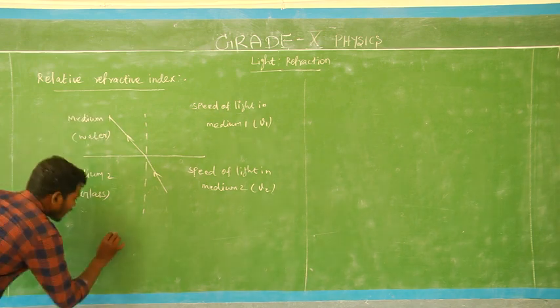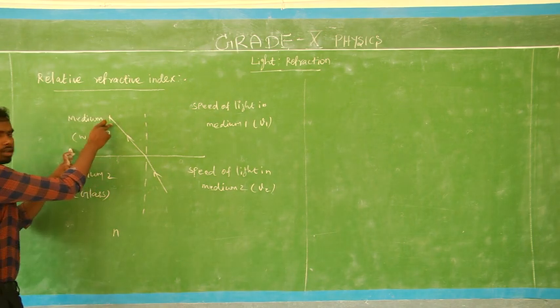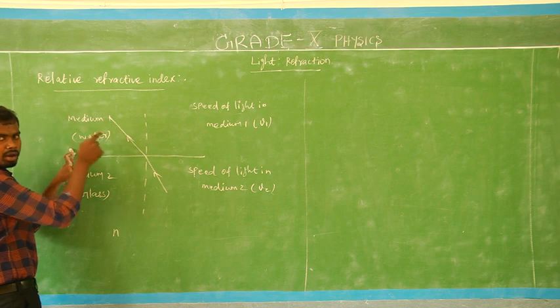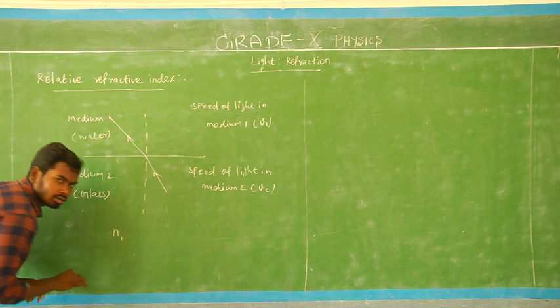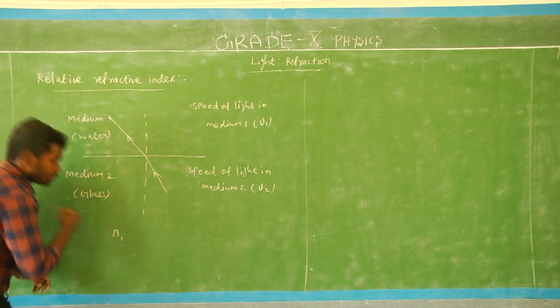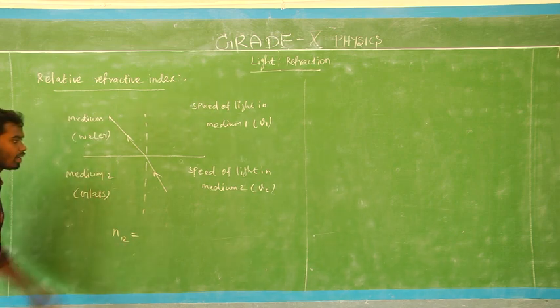So the water medium number is 1. So the refractive index of medium 1 with respect to medium 2, where light is coming from medium 2, is equal to, what is that?